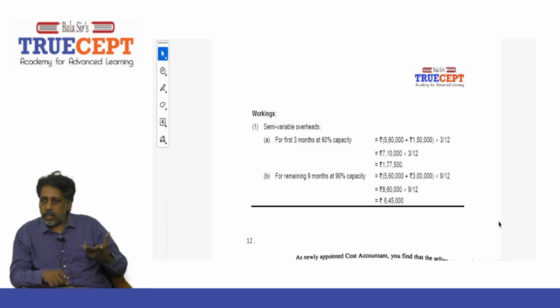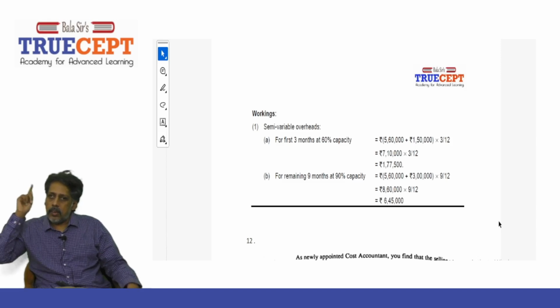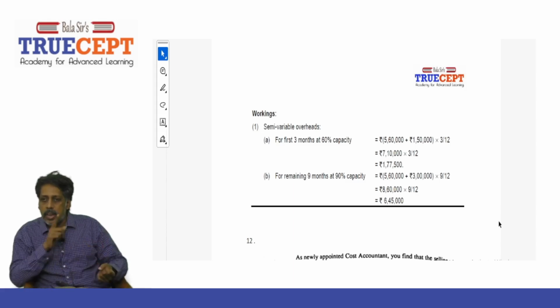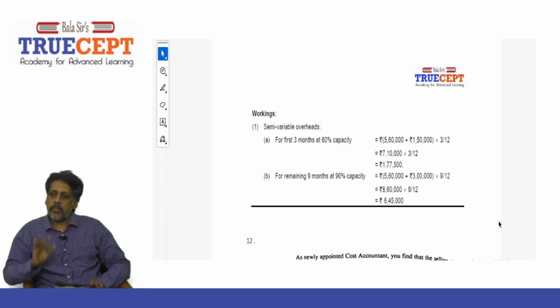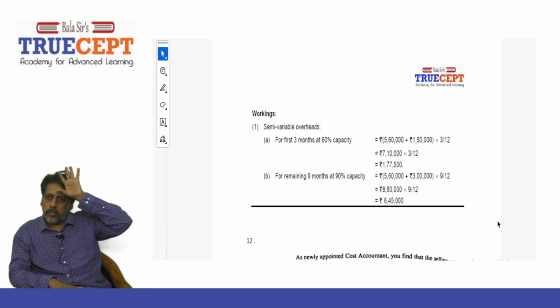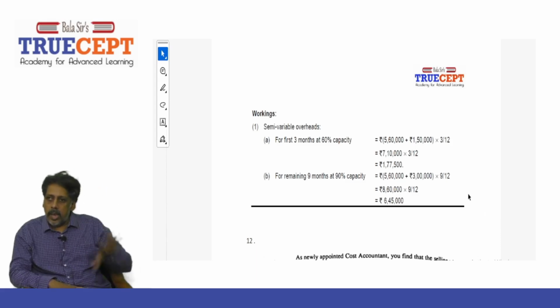So 8,60,000 is for a year, into 9 by 12. How much? 6 lakh 45,000. 6,45,000 is my semi-variable overheads. Is that clear? Yes.